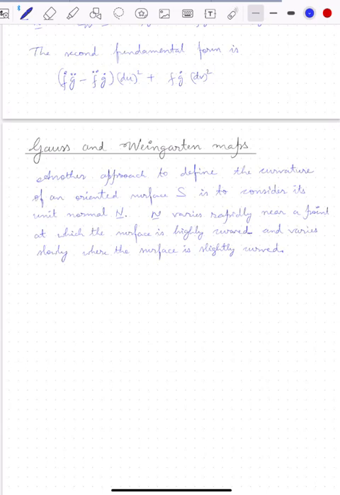Right. Now, if S is a plane, then of course n remains constant throughout the plane, isn't it? And this also implies that the curvature should be 0.